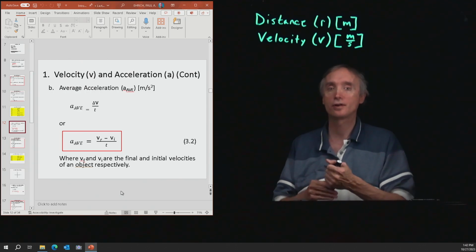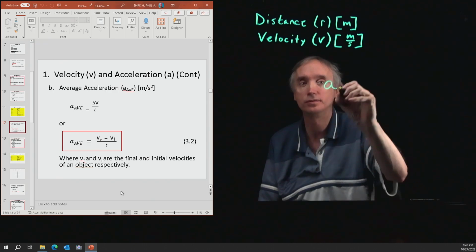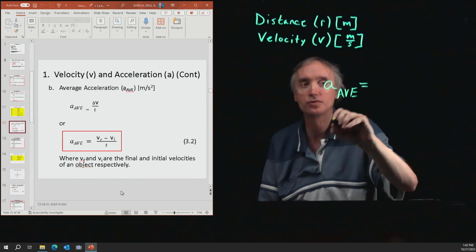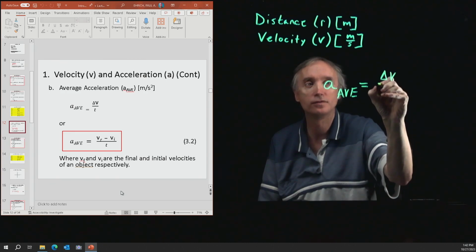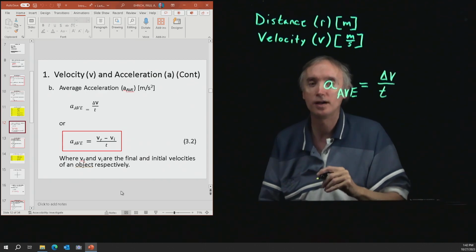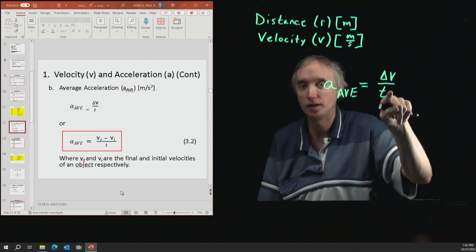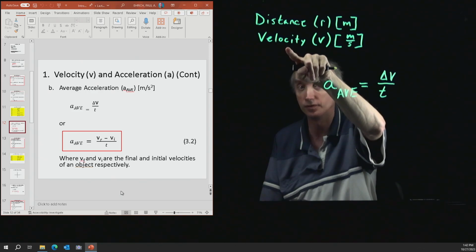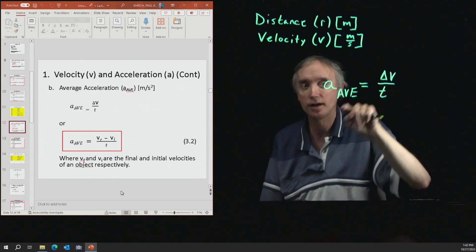And so notice that our formula here is A for acceleration. And again, we could do average acceleration. And it's going to be equal to the change in velocity divided by time. So you might have thought that it should be V divided by T, because when we did velocity over here, it was R divided by T. Well, it's very important here that we put this triangle.